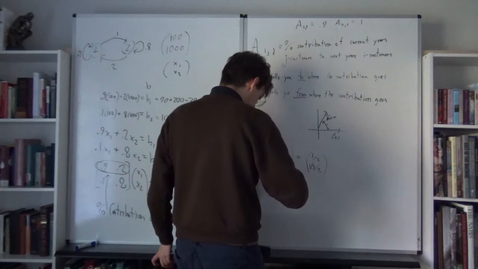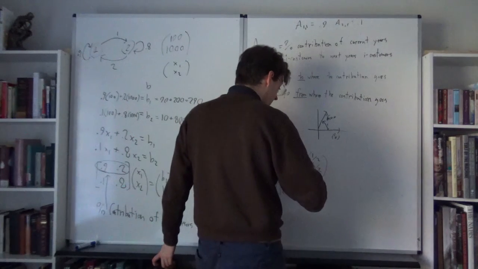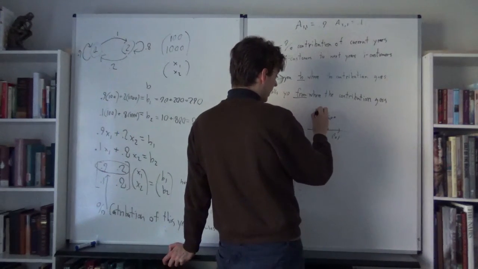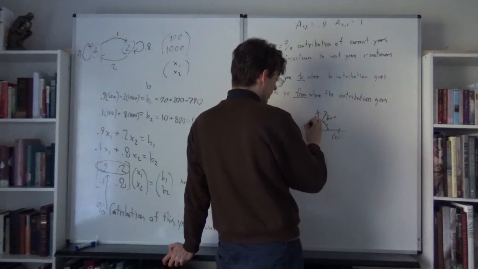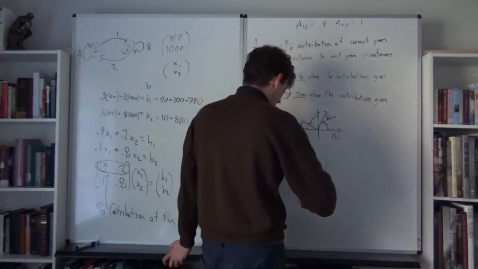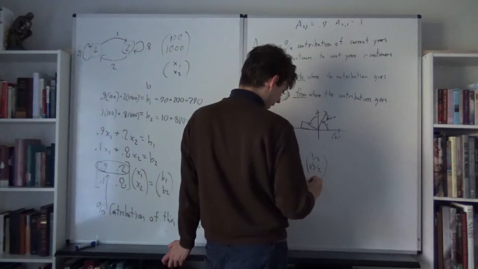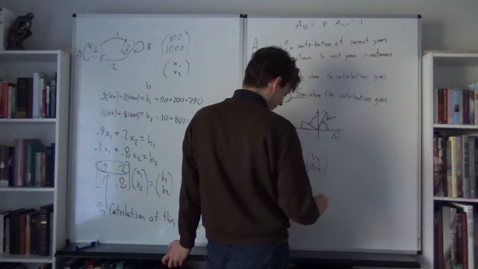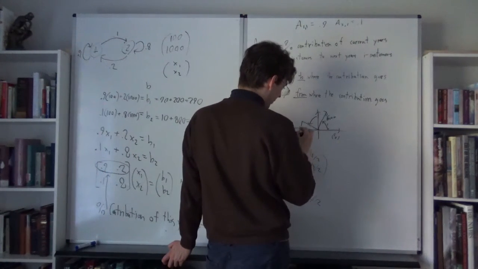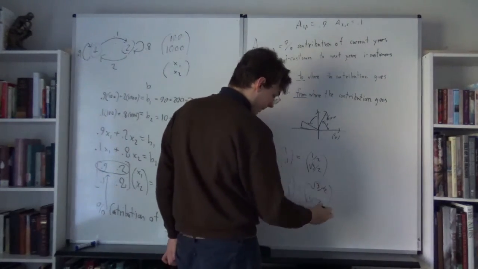A, B, C, D. What happens to 0, 1? Let's see. If I had a guy right here, and I turned him 60 degrees, now his height is going to be the short side, so that's going to be 1/2. And now he's negative with the long side, so negative square root of 3 over 2.